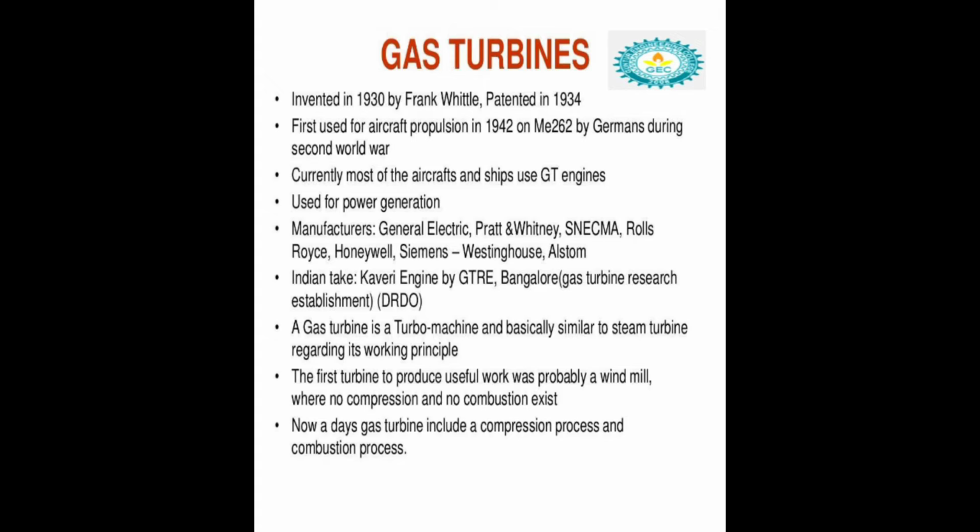Gas turbines were first used for aircraft propulsion in 1942, and these gas turbines were used in the Second World War in aircraft propulsion. Currently most of the aircraft and ships use gas turbine engines, and similarly you can use them for power generation purposes also.